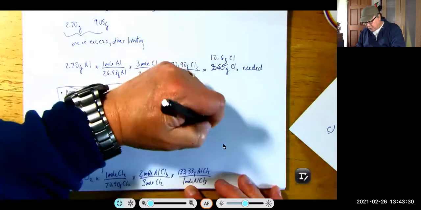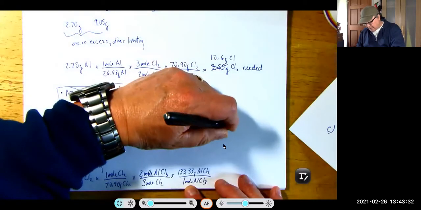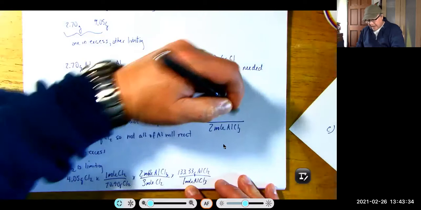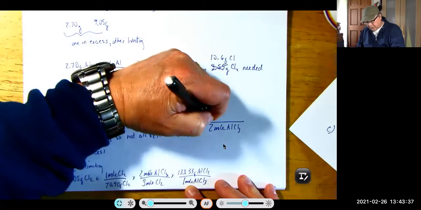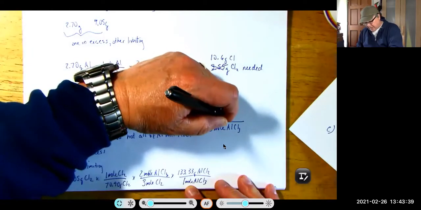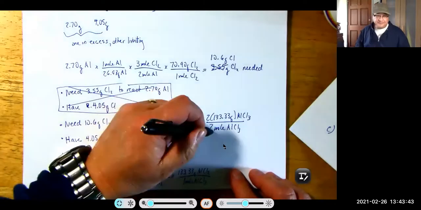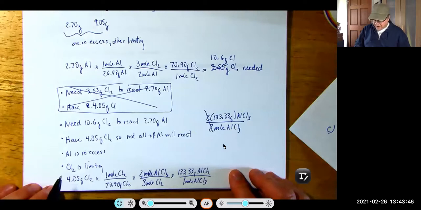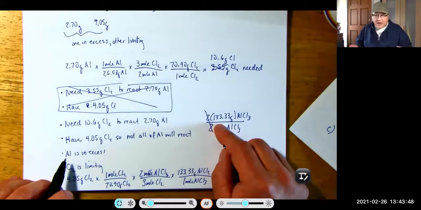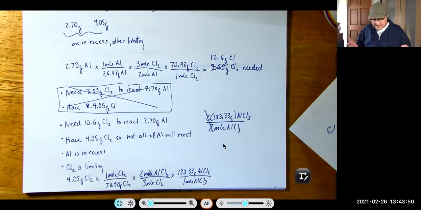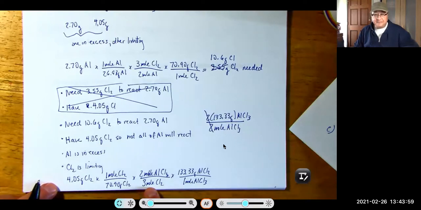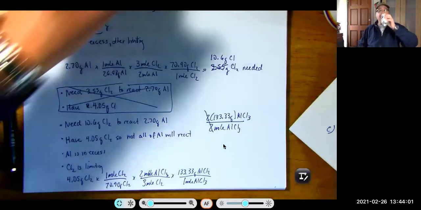If I use 2 moles of aluminum chloride on the bottom, I'd have to do 2 times 133.33 grams up top. Do you see how the 2's would cancel? So I'm just going to use 133 over 1. I'm going to use the molar mass. And I am wondering, well, how do the coefficients come into play? Right here in that middle conversion, that's where they come into play. Fair enough? Yeah, I got it.